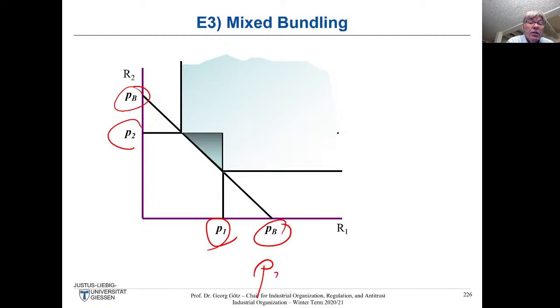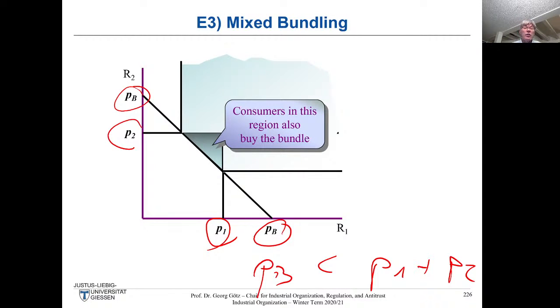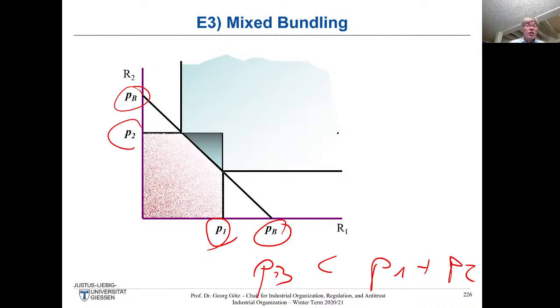So PB is smaller than P1 plus P2. That's what always holds. Otherwise no one would ever buy the bundle. They also buy the bundle. Nothing changed. These guys still don't buy anything.